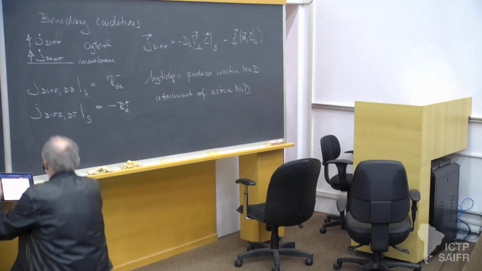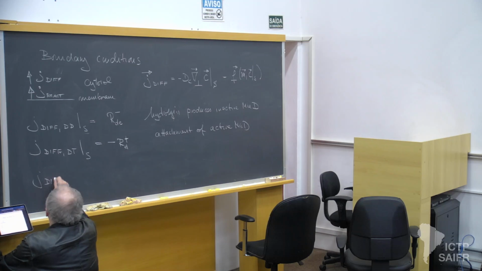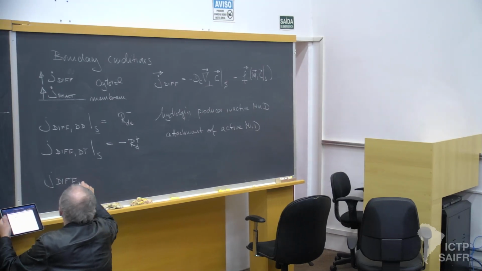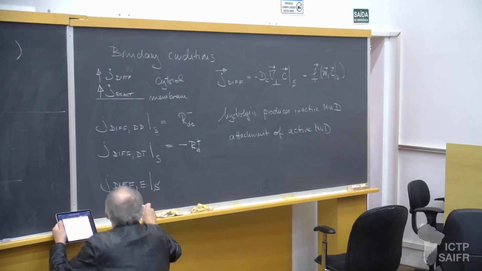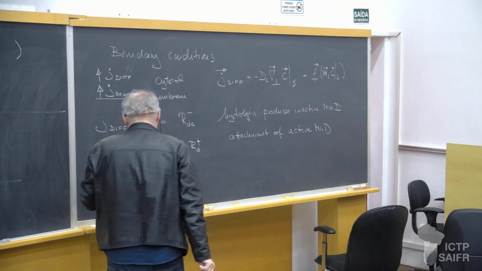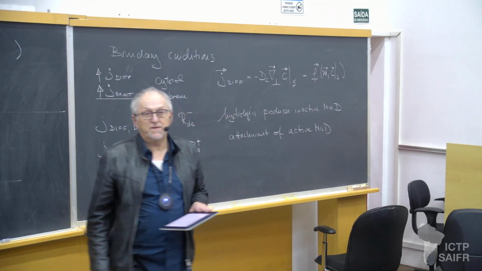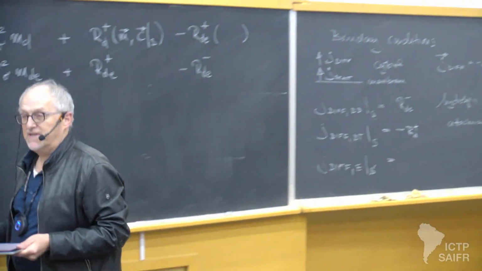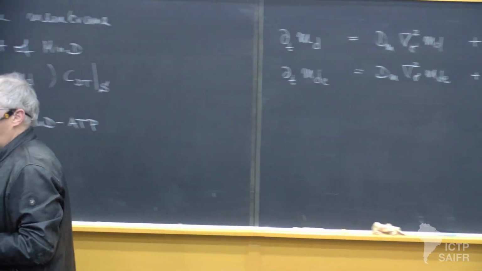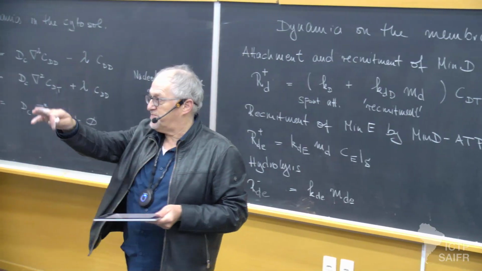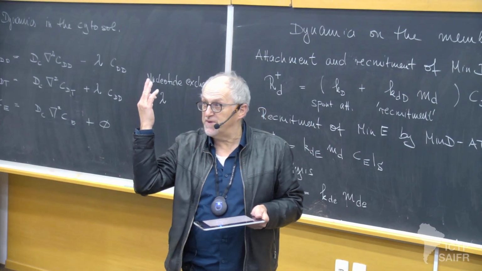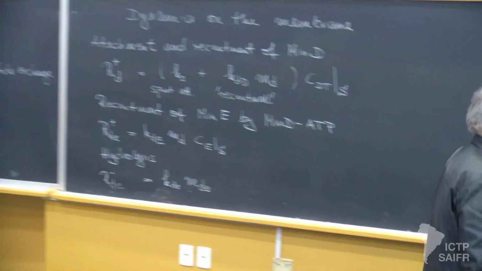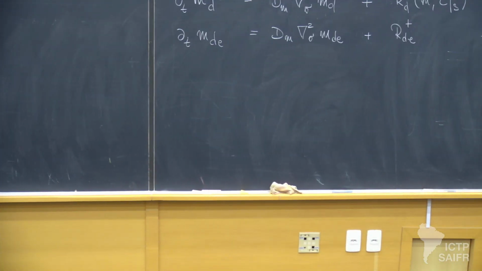And finally, we do have the diffusive flux of the MinE proteins right at the surface. Okay. Well, there's now a combination of two things. You gain, again, by hydrolysis, because that brings particles into the cytosol, but you lose by recruitment of the MinE from the cytosol to the membrane.